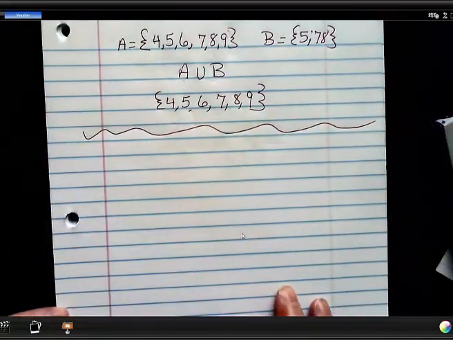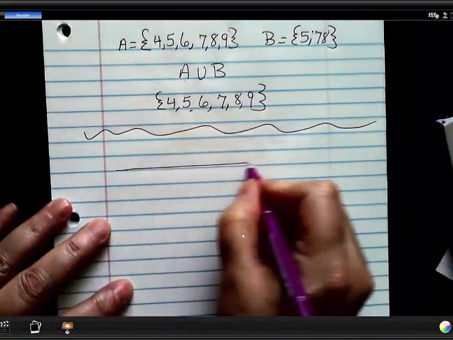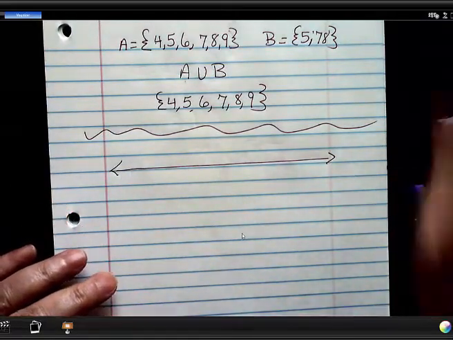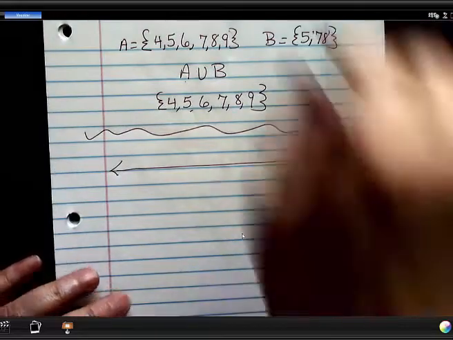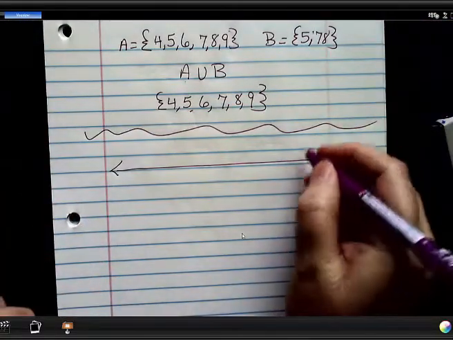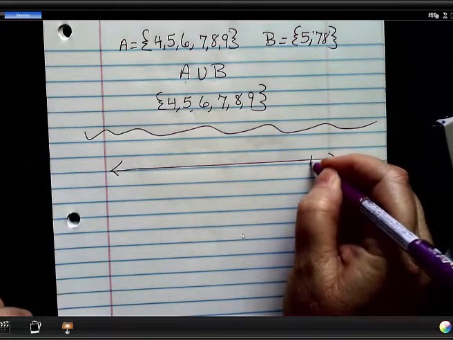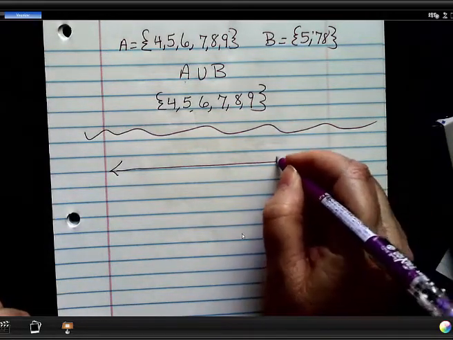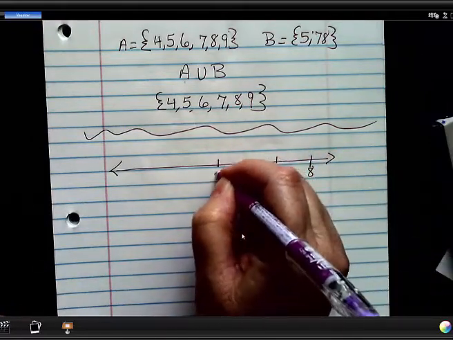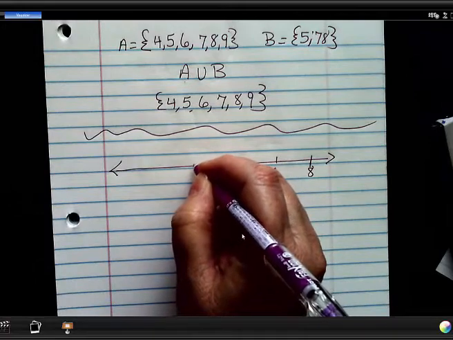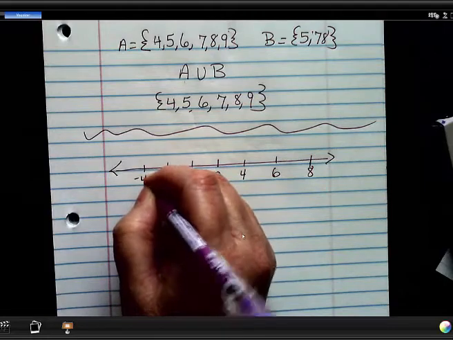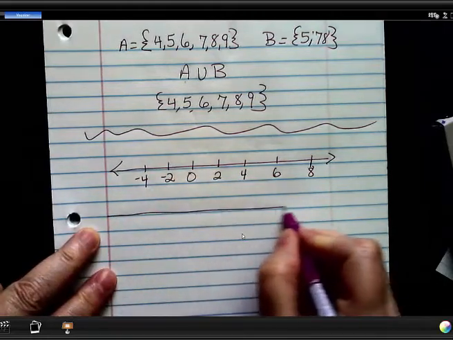Let's look at 2 graphs. All right, so I have this and this.